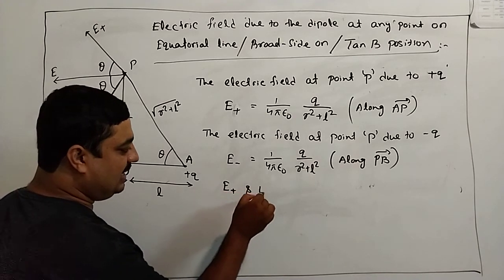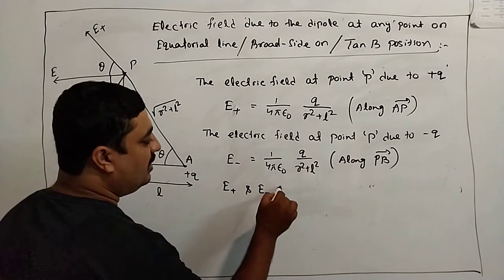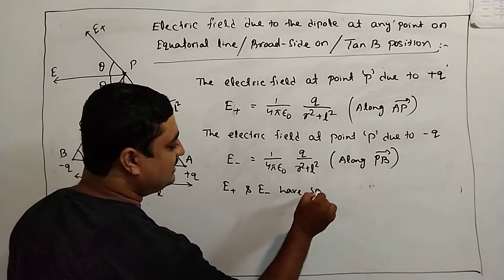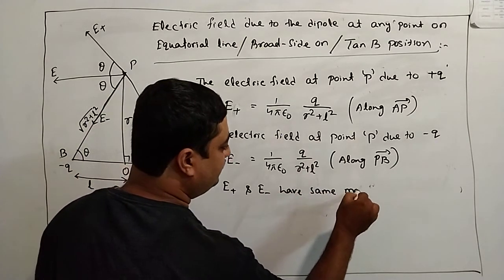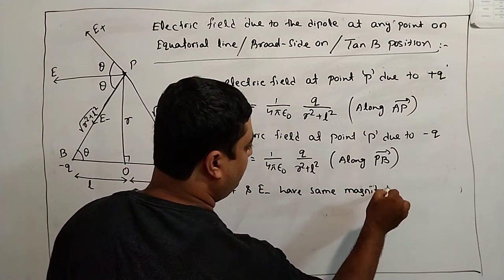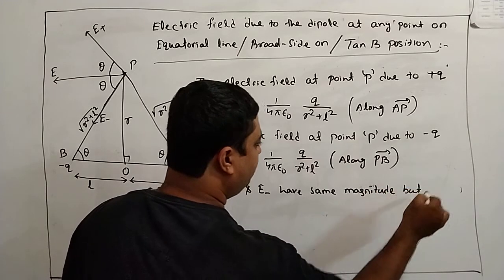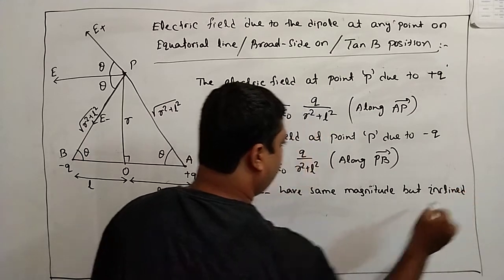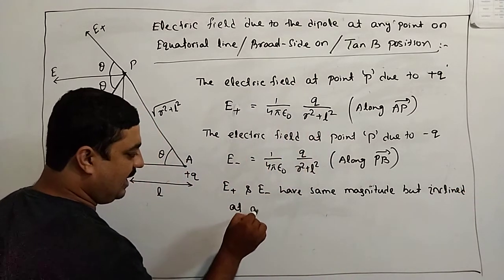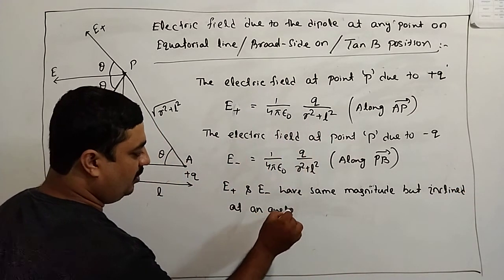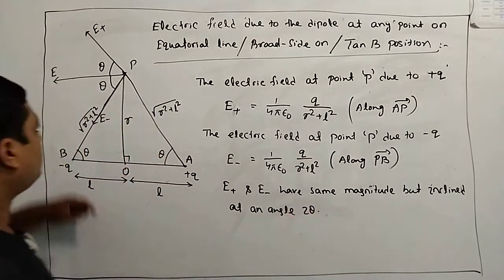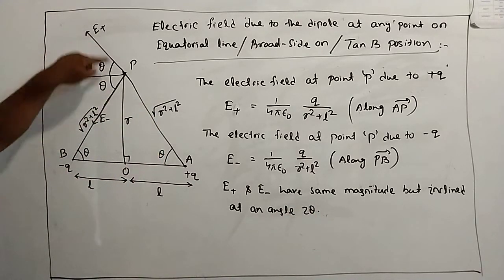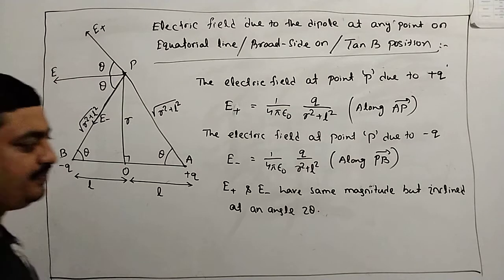E plus and E minus have same magnitudes, but inclined at an angle 2 theta. So the angle between E plus and E minus is 2 theta.